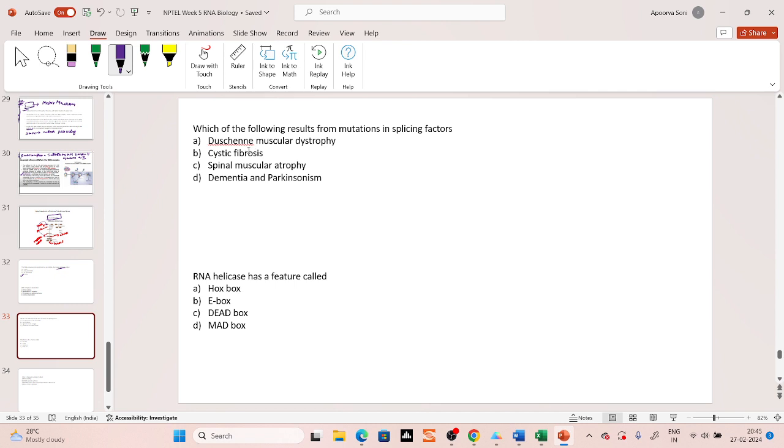Don't worry. Which of the following results from mutation in splicing factors? Muscular dystrophy, cystic fibrosis, spinal muscular atrophy, dementia, or Parkinson's? Think, you haven't studied it, but we have studied one thing about some of the splicing factors.